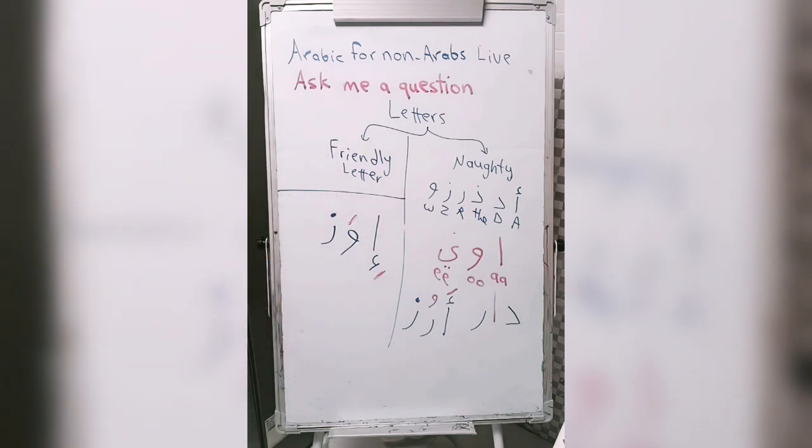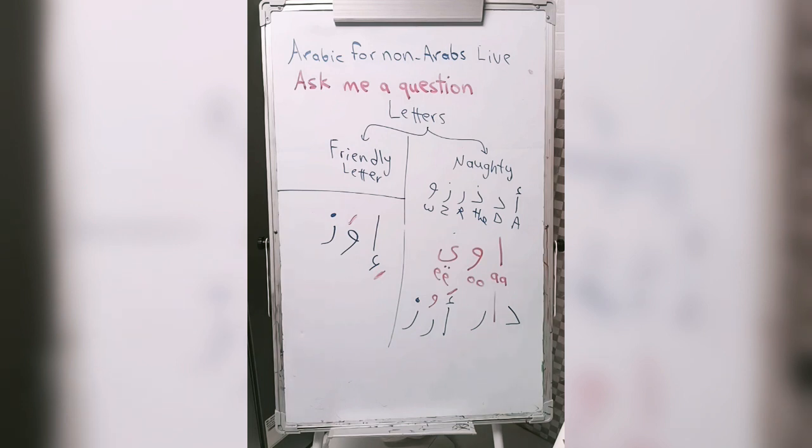Iwaz means geese. It's not one goose, it's geese. So I say Iwaz, a group of geese. Just Aleph, first letter.